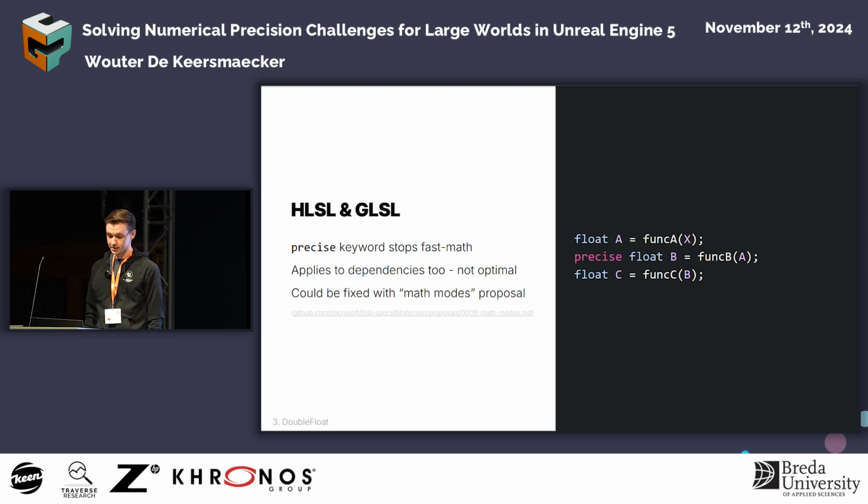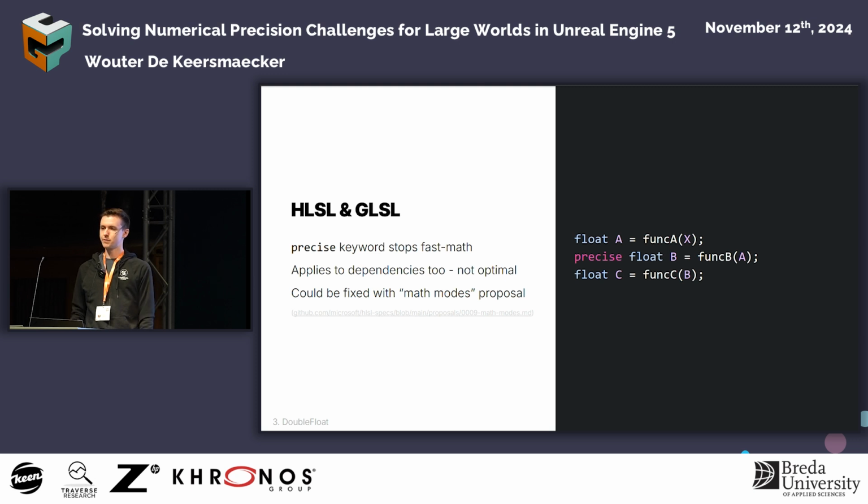So HLSL and GLSL have had the precise modifier for some time now, which does very effectively stop fast math. So in this example, the calculation of func B will not get fast math optimizations. Unfortunately, there is a somewhat perhaps unexpected side effect, which is that it also blocks the optimization of all the dependencies.